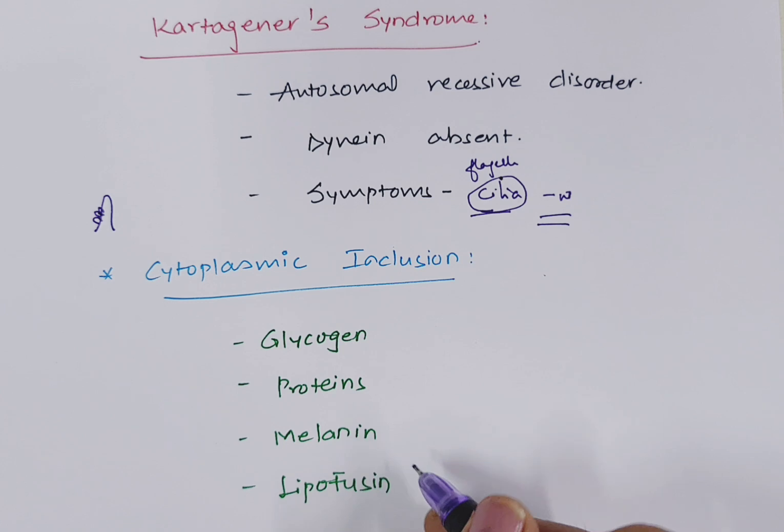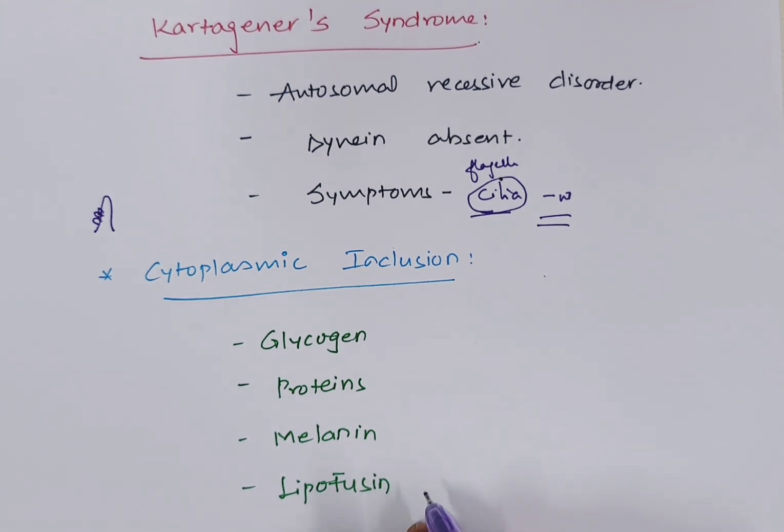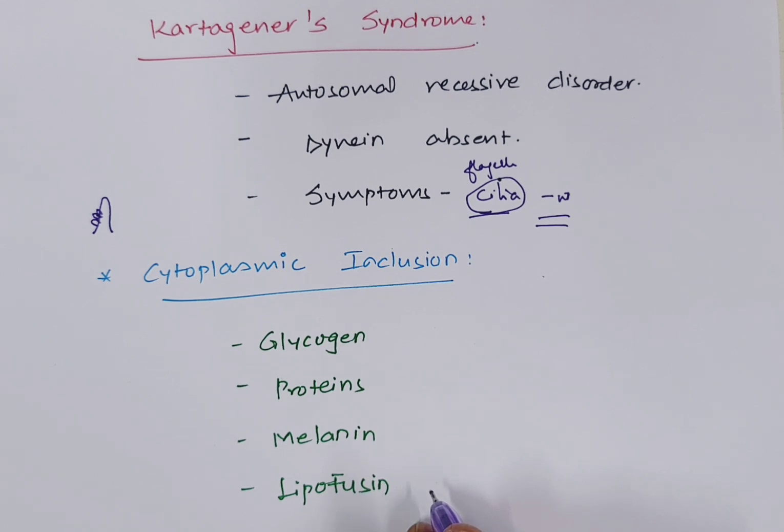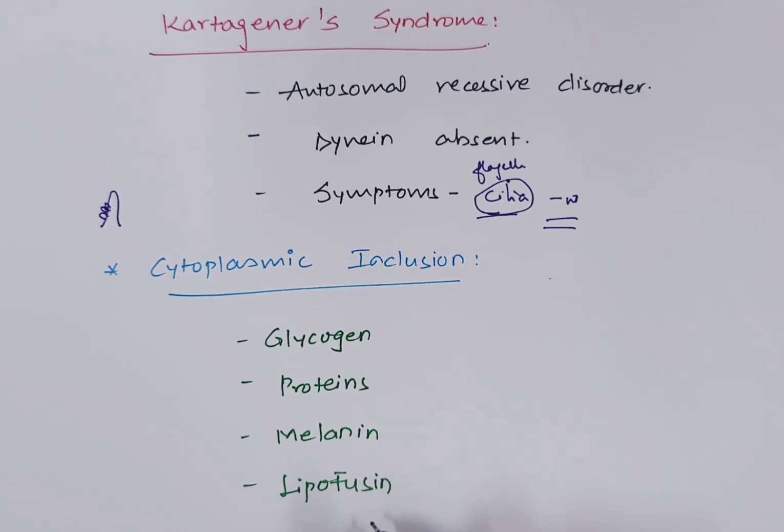And lipofuscin is a yellow-brown pigment derived from the secondary lysosome, present in brain cells as well as heart cells, and commonly in elderly individuals. If the individual is well fed or overnourished, liver cells contain glycogen, or adipocytes contain fat, and during starvation they disappear.